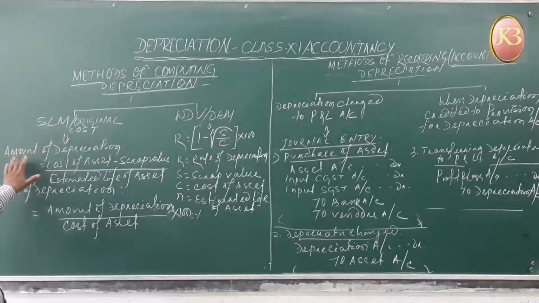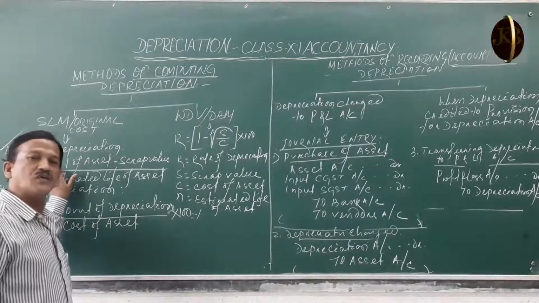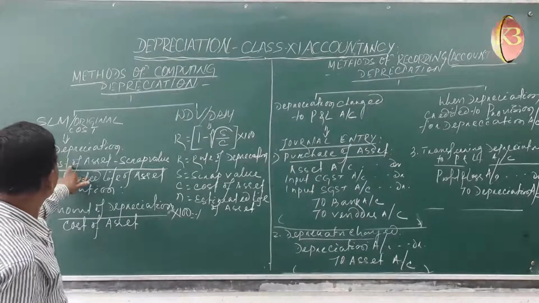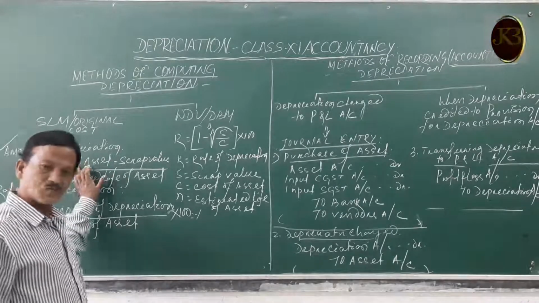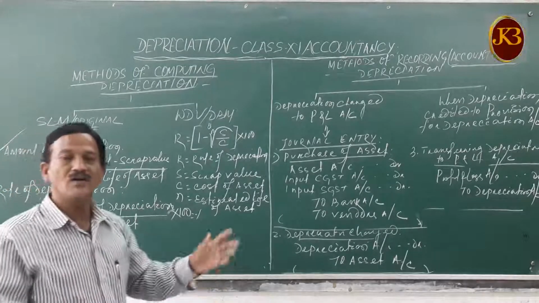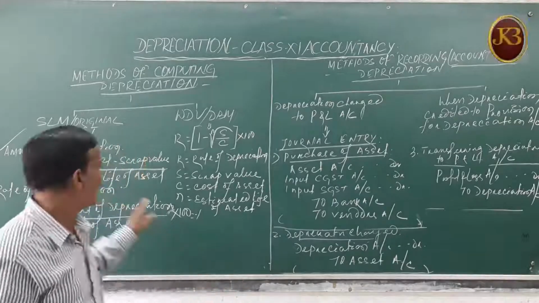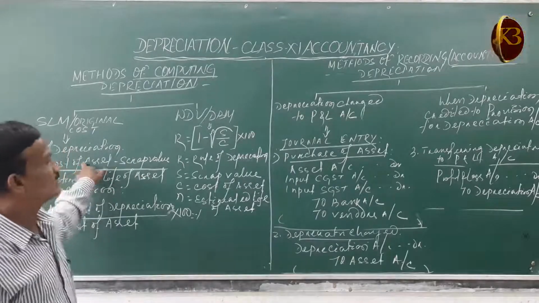You have to calculate the amount of depreciation first. That is based on the cost of the assets, that is the total cost. That is the cost price you paid plus installation charges plus loading, unloading, freight charges. Everything will be added. That is the cost of the asset, excluding GST.